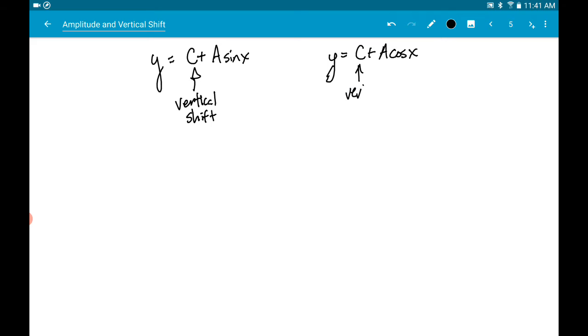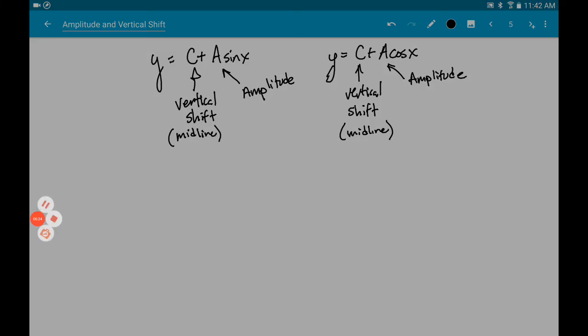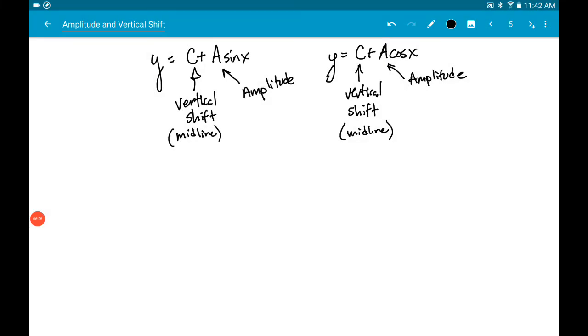Same thing here. And this A represents this thing called the amplitude. This is your bread and butter right here, everybody. You can also think of the vertical shift as where your midline is, if you're a visual person, which I think you almost have to be to do some of these graphs. All right, so that's our cheat sheet.